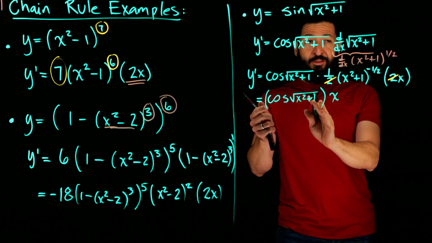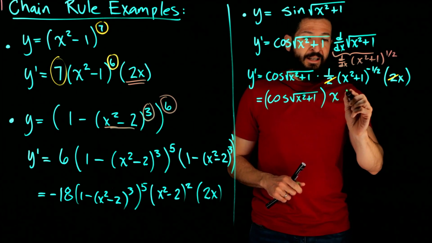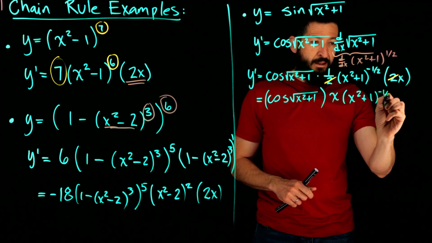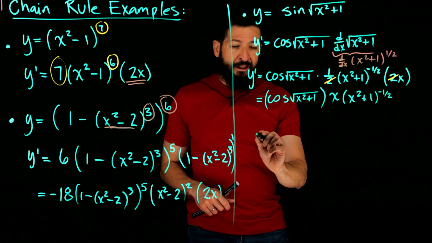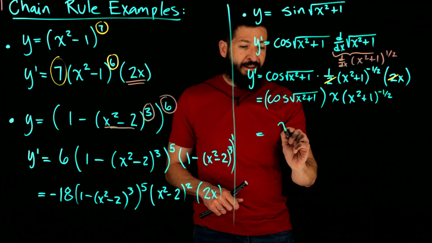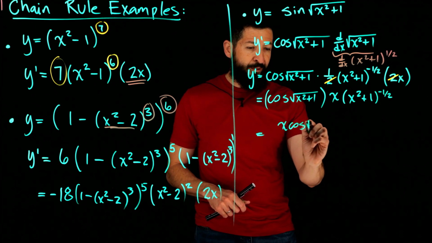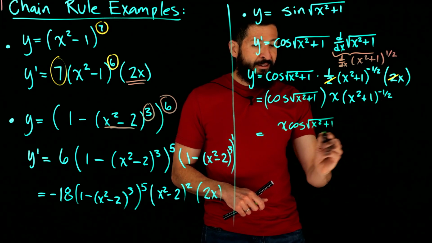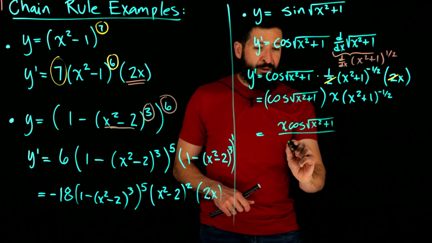So it's very clear that this is one term, this is another, and then I get this other term. One way you could reorganize this if you want is put the x and the cosine in the numerator because they have positive exponents. And this one has a negative exponent. You can put it in the denominator.